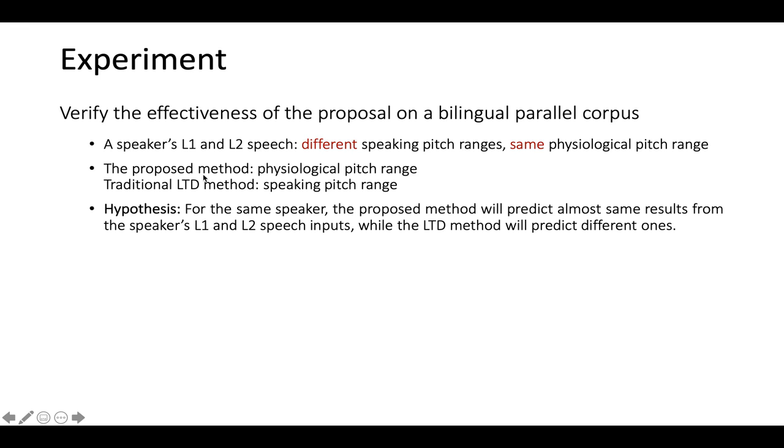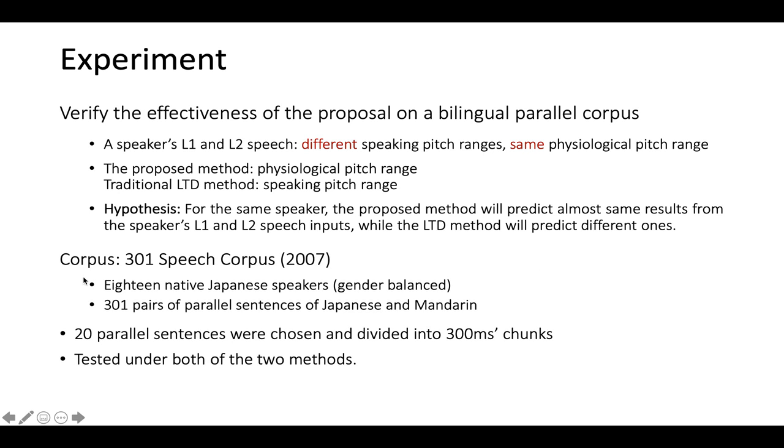The proposed method, according to our claim, is estimating the physiological pitch range of a speaker, but the traditional LTD method is actually estimating the speaking pitch range of a speaker. So there is a hypothesis that for the same speaker, the proposed method would predict almost the same results from a speaker's L1 and L2 speech, but the traditional LTD method would give different results.